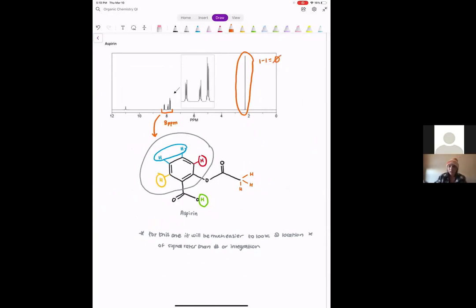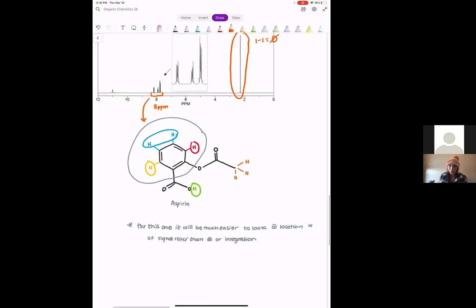And that's a big peak, and we don't know the integration, but we can assume that it's a big peak, which means there'll be multiple equivalent hydrogens in that peak. And the only part of our molecule that has a large number of equivalent hydrogens with 0 neighbors is right here. And that makes sense.